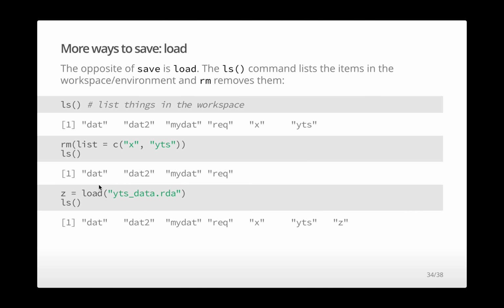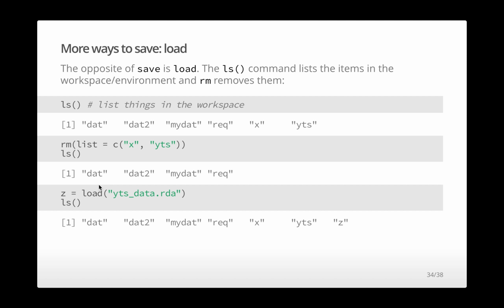But let's say you've loaded in something really, really big. You say, I don't need that anymore, I want to free up some memory on my computer. You could say rm, then list equals, and then put the name of that object in quotes. So let's say I had x defined in memory, a huge object, and I don't want that in memory anymore.